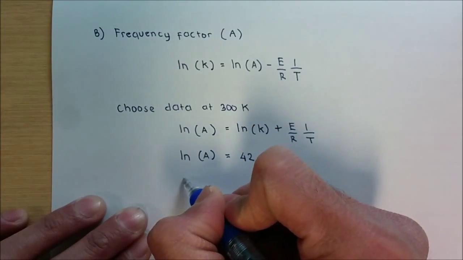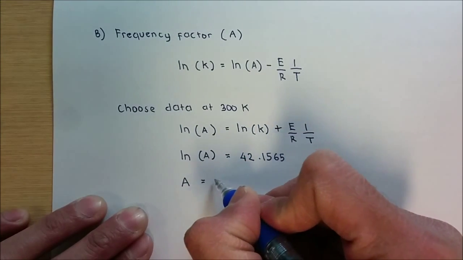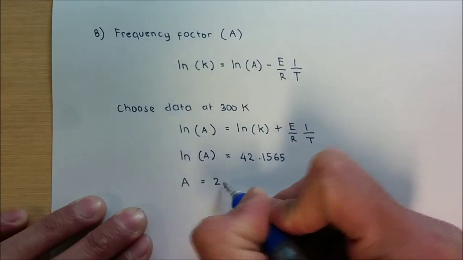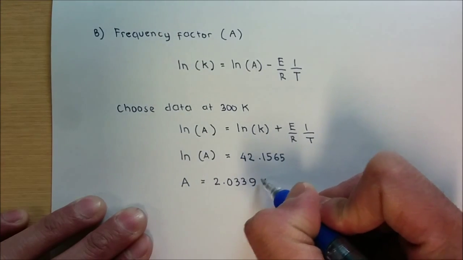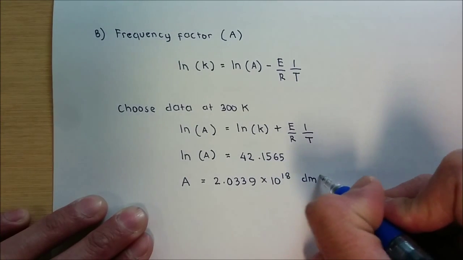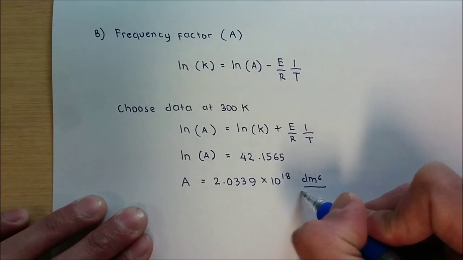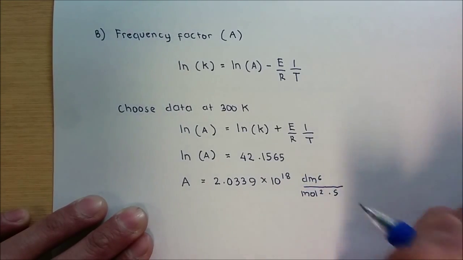And then if you remove the natural logarithm, we will have a frequency factor of about 2.0339 times 10 to the 18 mole to the power of 2 seconds.